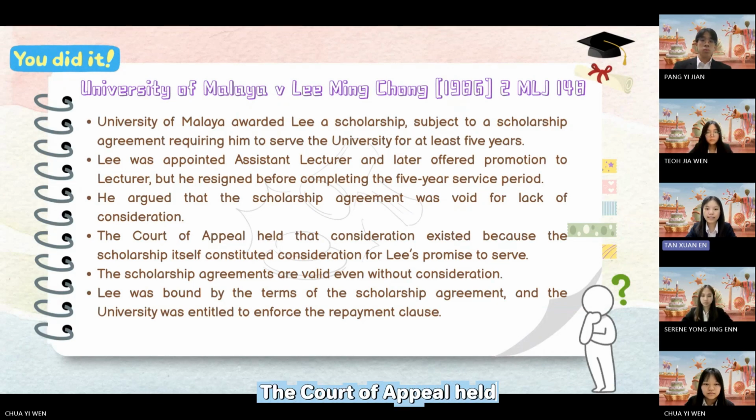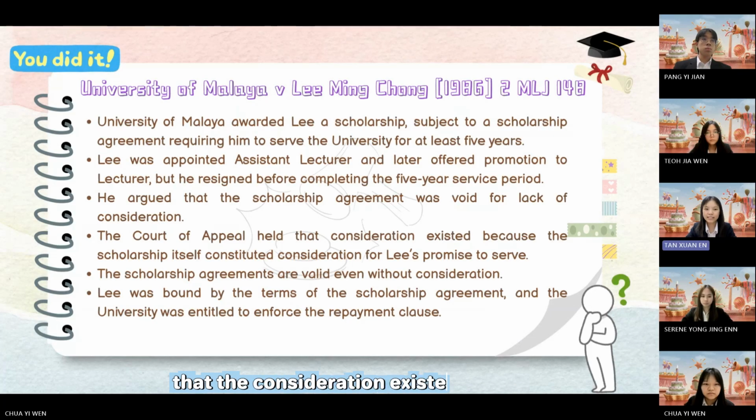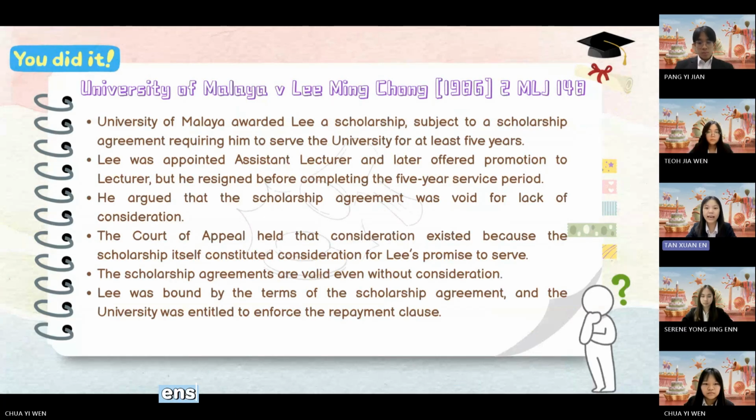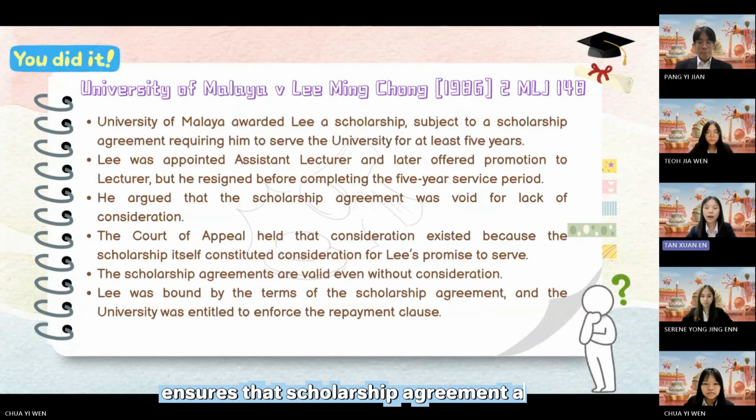The Court of Appeal held that the university was the principal party to the agreement, that the consideration existed because the scholarship itself constituted consideration for Lee's promise to serve, and in any case, Section 4, subsection C of the Contracts Amendment Act 1976 ensures that scholarship agreements are valid even without consideration.